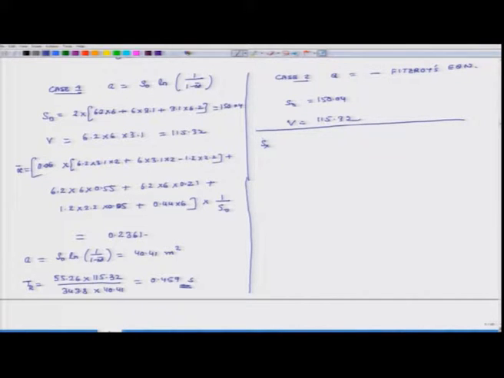So, what is Sx? Sx is equal to 2 into 6.2 times 3.1, which is 38.44. Okay. And alpha bar for this is 0.06.